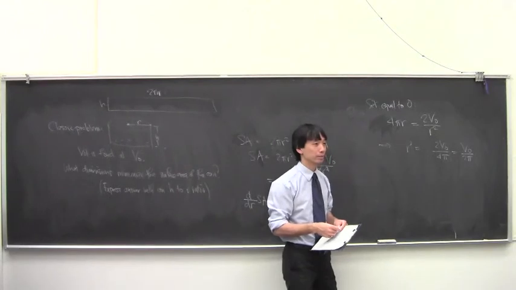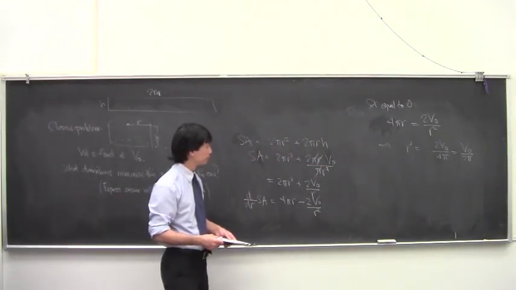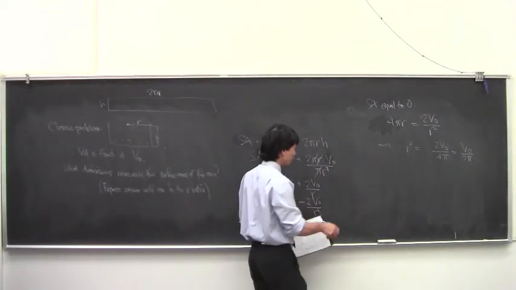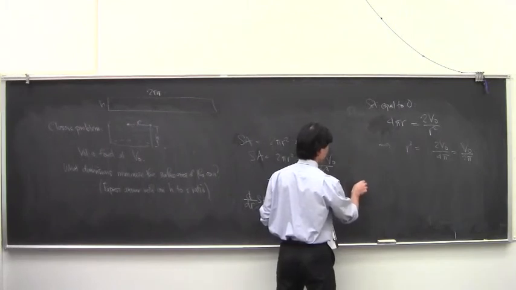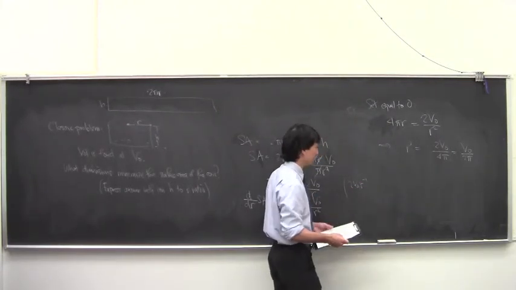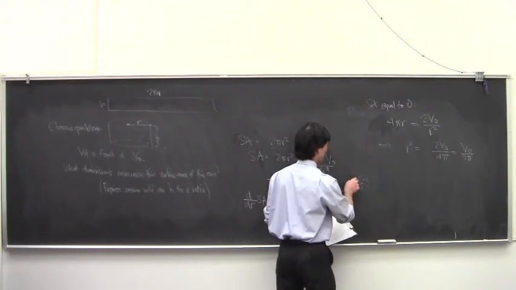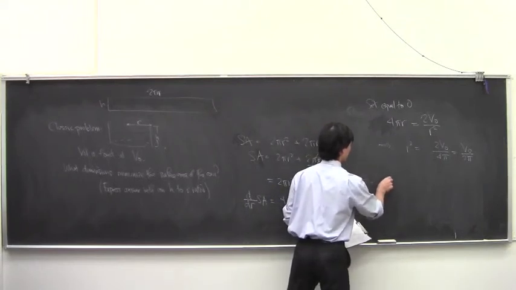Yeah, go ahead. When you found the derivative of that thing, why didn't you have to do any quotient rule for that? You do. I mean, basically you do. But you could also think of it as r to the minus 1. Right? You have a constant times r to the minus 1. You're just differentiating this r to the minus 1, and so you get negative r to the minus 2.